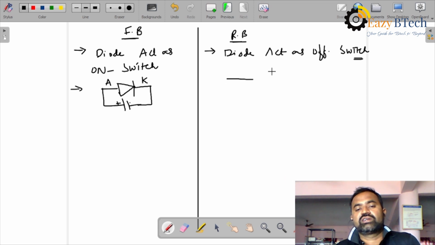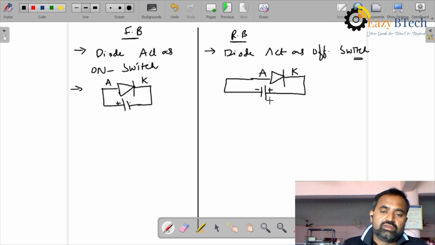This indicates the direction of the current. Anode, cathode. This is reverse bias, negative to positive, and this is forward bias.